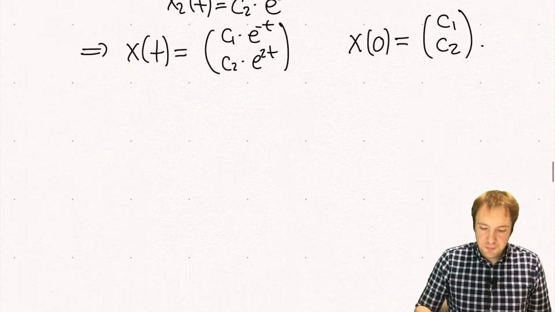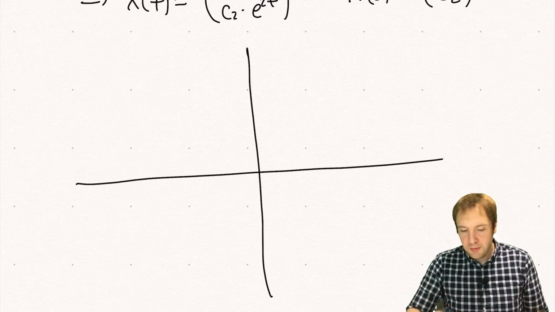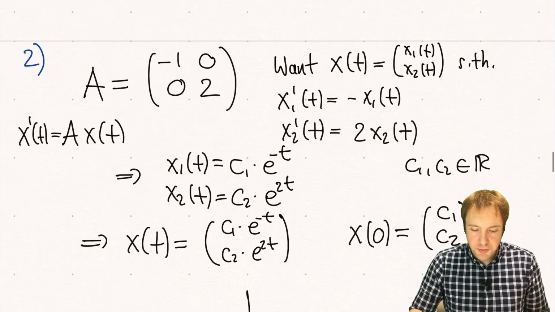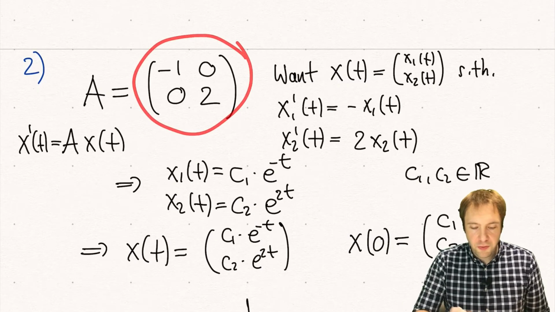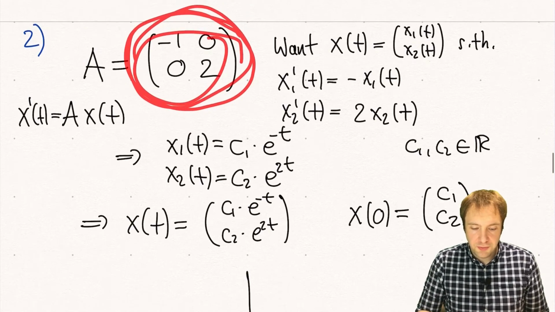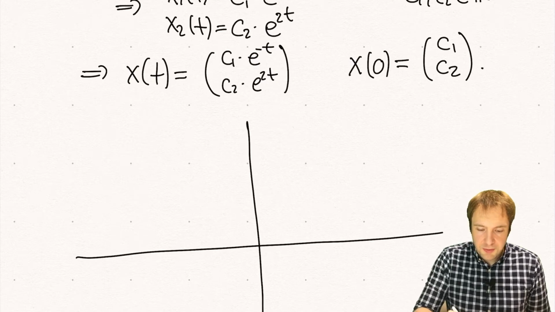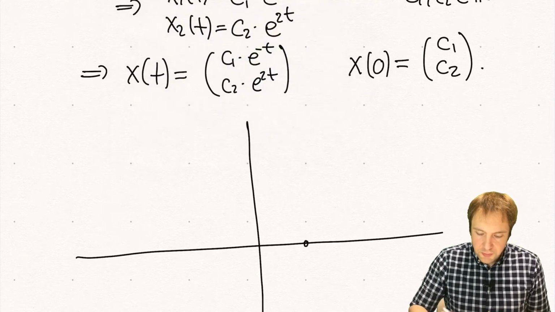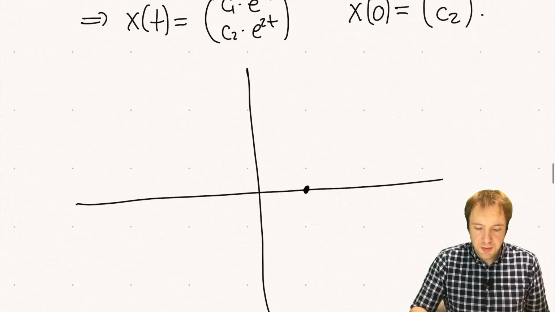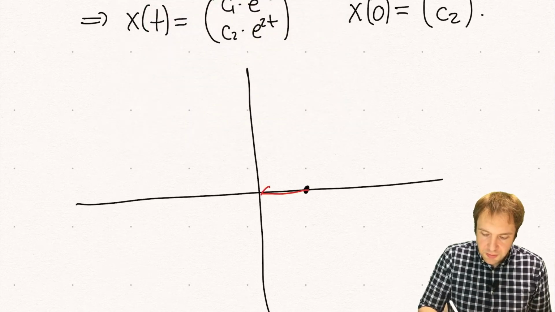So these c1 and c2 are exactly the starting points of our curve x. And in this example, if we draw this, you would see that at each point the direction of the curve should be the position of the curve multiplied with this matrix. For example, if I'm on the x1-axis, say at 1, 0, the direction of my vector should be minus 1, 0, so it goes in this direction.